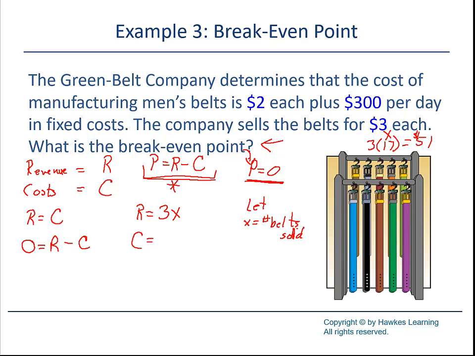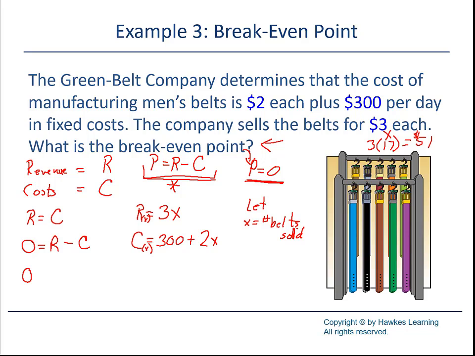So first of all, we're going to have to pay that $300. What else do we have to pay? We have to pay $2 for each of those belts. 2x. If we make 5 belts, it's going to cost us $10, 310 total. So we've got a revenue function and we've got a cost function.